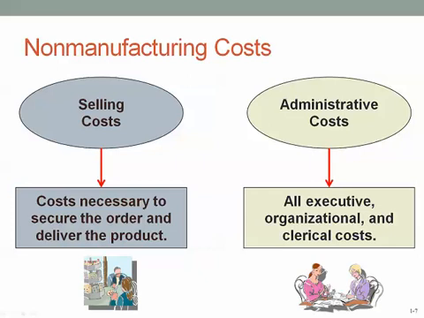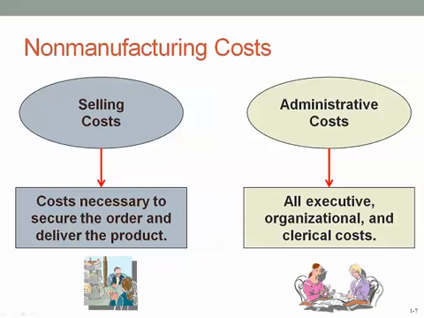Administrative costs include all the executive, organizational, and clerical costs associated with the general management of our company. Examples would include executive compensation, general accounting costs, secretarial, public relations, and similar costs involved in the overall general administration of the organization as a whole.